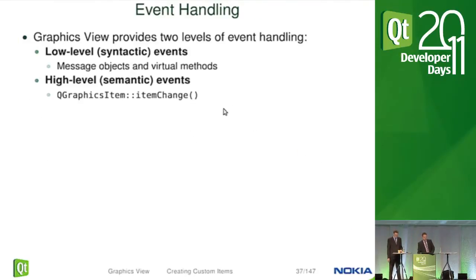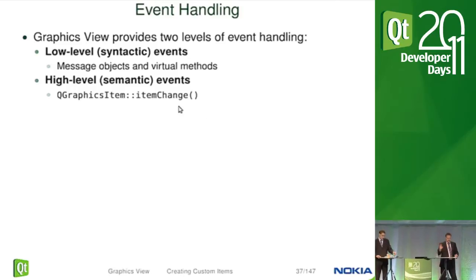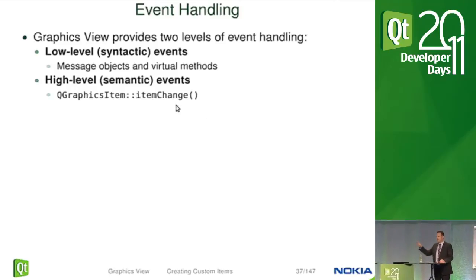Okay, that was the painting, and we jumped a bit ahead because we told you we'll talk about collision detection a bit later on, but we already did talk about the rectangle method in there, which has less to do with painting and more to do with collision detection.